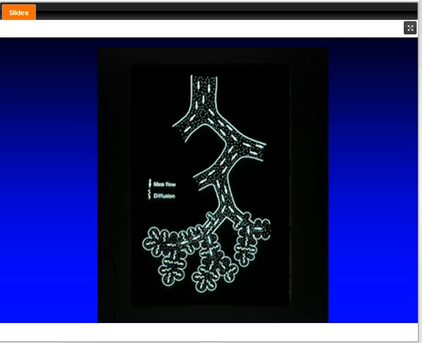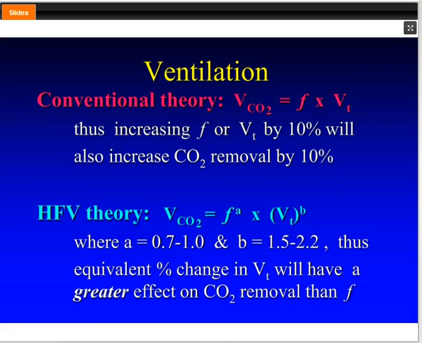High frequency works very differently. It's frequency times tidal volume, with frequency typically equal to about 1 and tidal volume equal to squared. Thus, if you alter tidal volume, it makes a much greater difference in carbon dioxide removal than altering frequency.